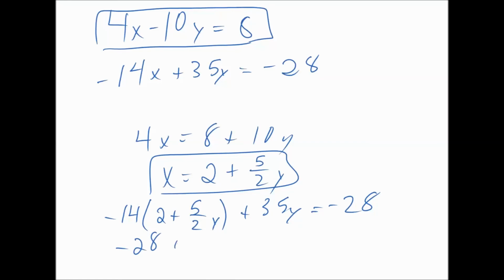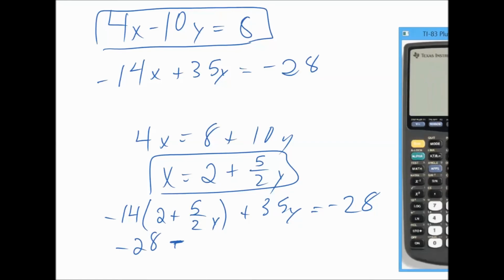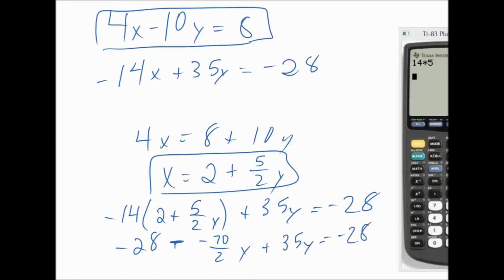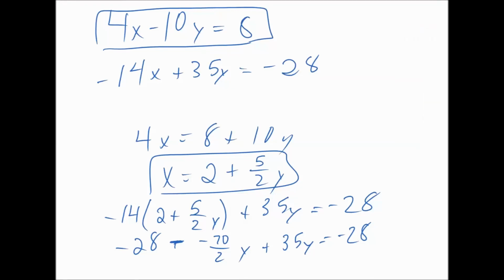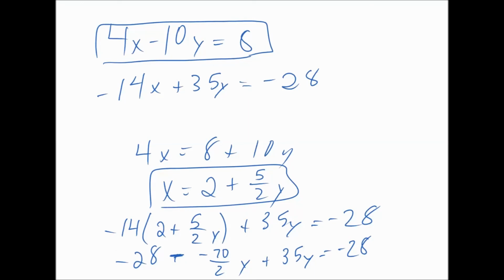See, -14 times 5 over 2 is -70/2 y, plus 35y equals -28. I'm running out of space here, so hopefully this program will let me drag down the screen a bit. Okay, this should work.